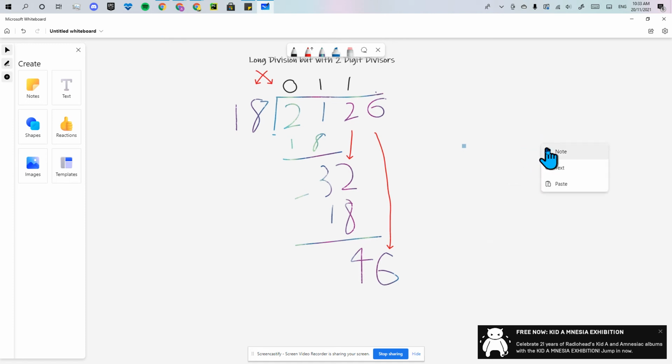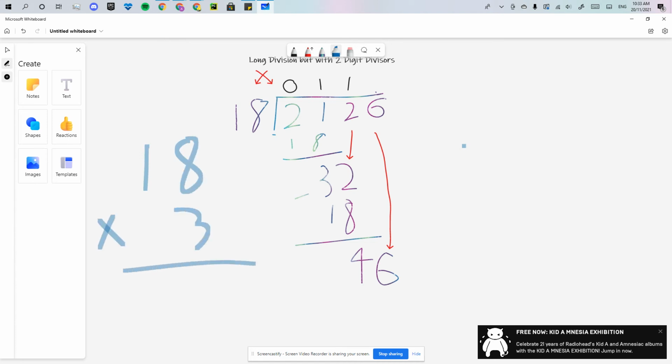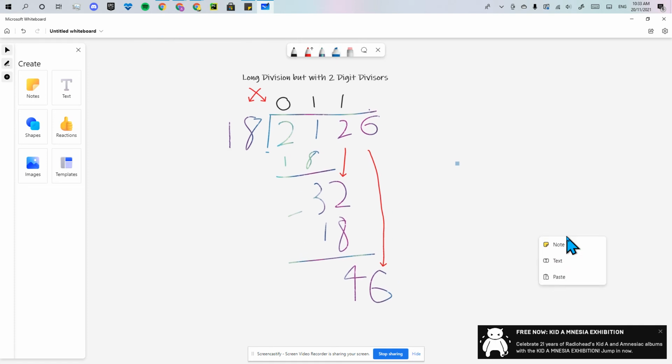If we multiply 18 by 3, we haven't done 3 yet. Okay, so 3, 5, 54. So the next closest number is 2. 18 multiplied by 2 is 36. So that's the next closest number.